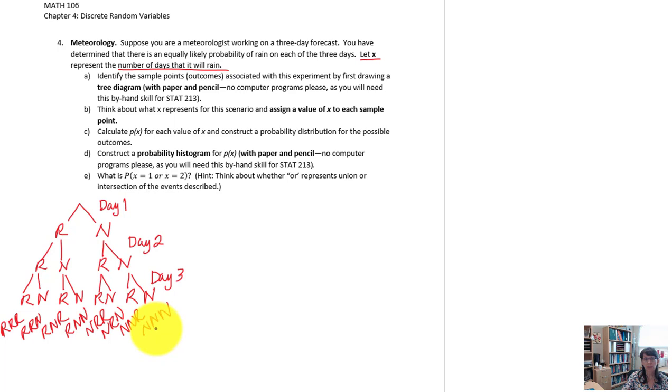To write these sample points in their standard form, I would use S equals and then write down a list of those outcomes separated by a comma.